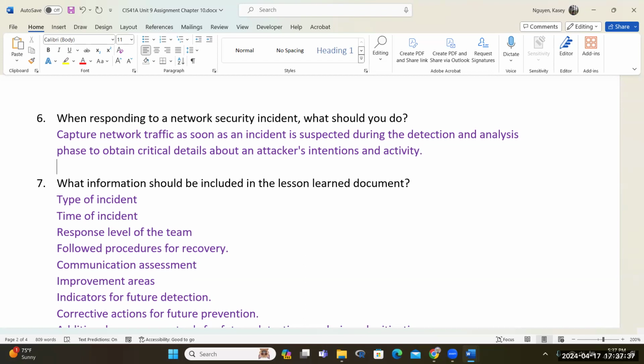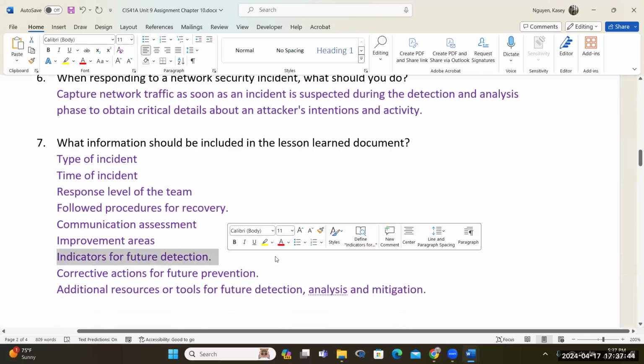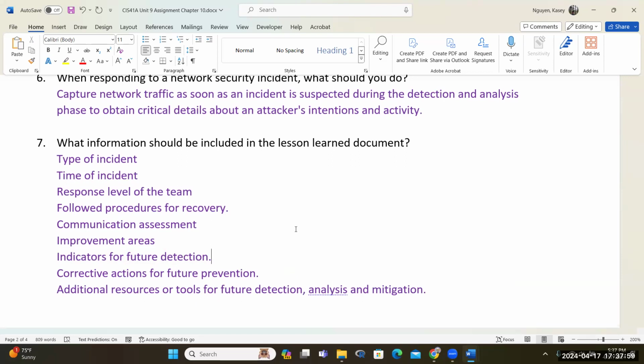And then if you have anything new that's going to help you with future detection, you want to put down indicators. That's the whole point in reporting and documenting incident response: to make sure that everybody else is aware of it and how we can detect it faster and stop it quicker.